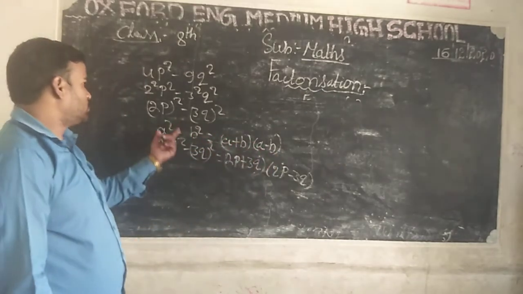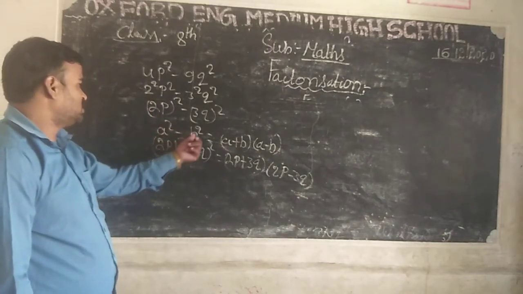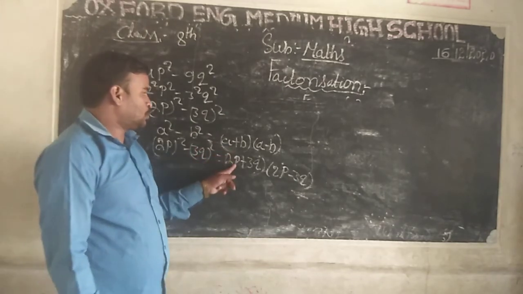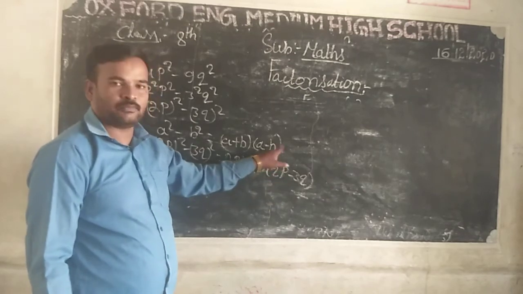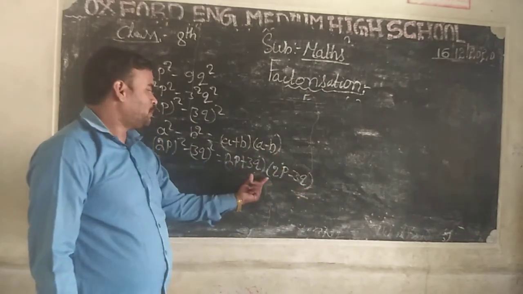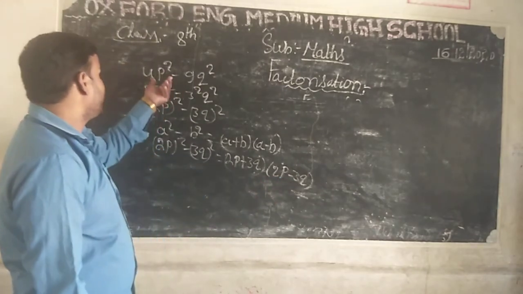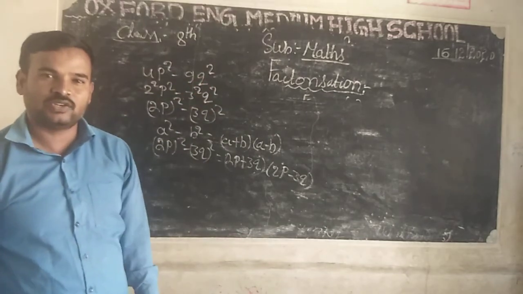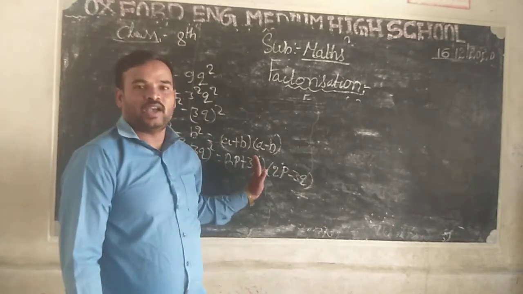Now you compare with the equation: instead of a, 2p, instead of b, 3q, so it is 2p plus 3q into 2p minus 3q. These are the two factors of 4p square minus 9q square. Understand, dear students? I hope you understand this third identity.